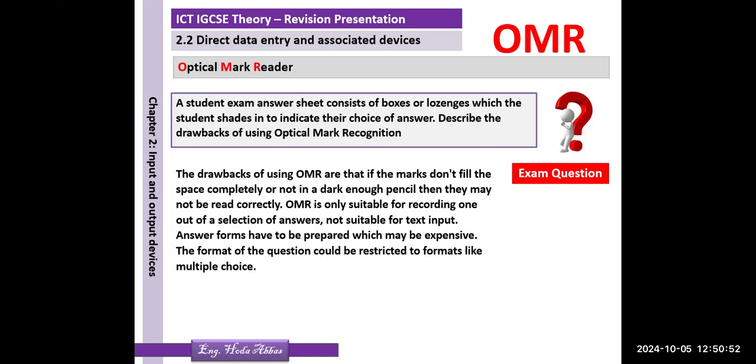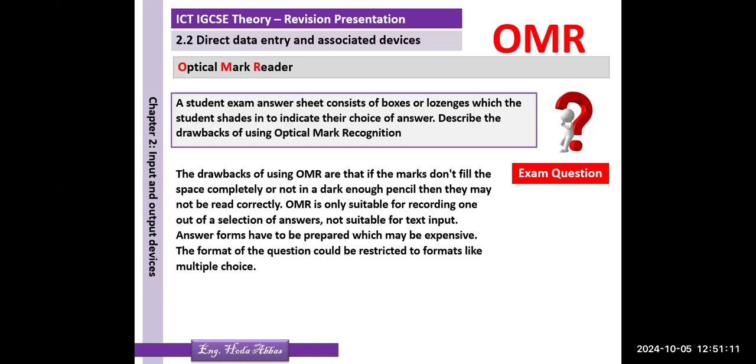Describe the drawbacks of using optical mark recognition. The drawbacks of using OMR are that if the marks don't fill the space completely or are not in a dark enough pencil, then they may not be read correctly.